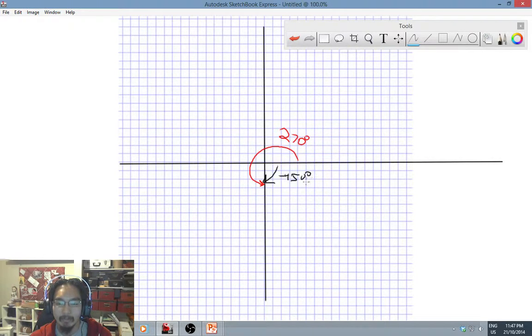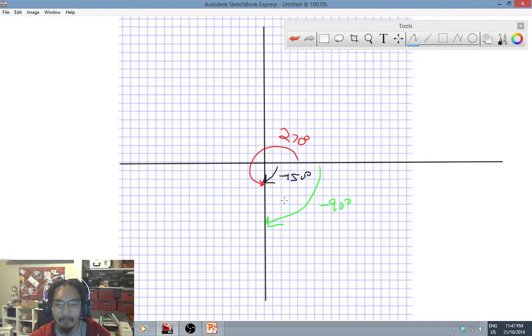That's one possible coterminal angle. Another possible coterminal angle, if you go this way, is negative 90 degrees. There you go. So there's two possible coterminal angles.